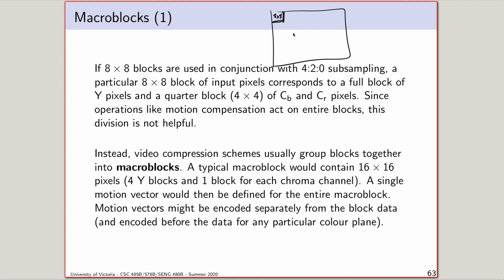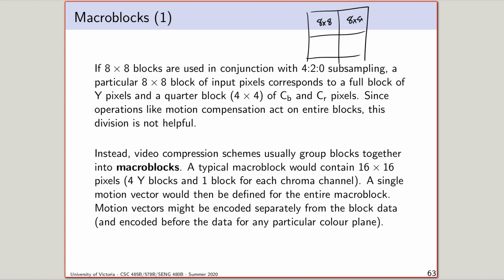And so MPEG talks about what are called macroblocks. A macroblock is 16 by 16, and it consists of, obviously, 4 8x8 blocks. Each 8x8 subblock is one block of Y pixels, but the entire 16 by 16 macroblock corresponds to one block each of CB and CR.